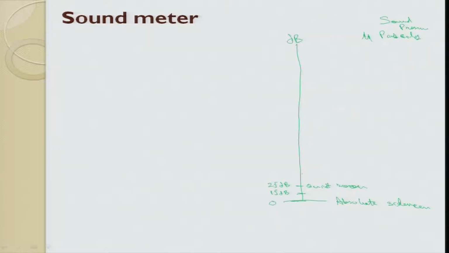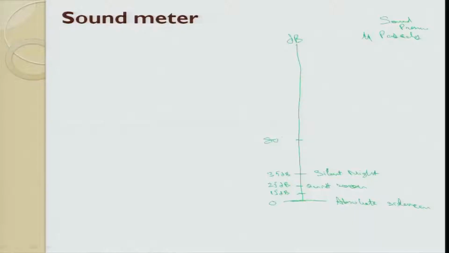Then a silent night, okay. This I am talking about the rural night, not the urban traffic. In that case, it is 35 decibels. While I am speaking during this lecture, this sound recording is about 80 decibels, right? And in a living room, it is about 45 decibels.